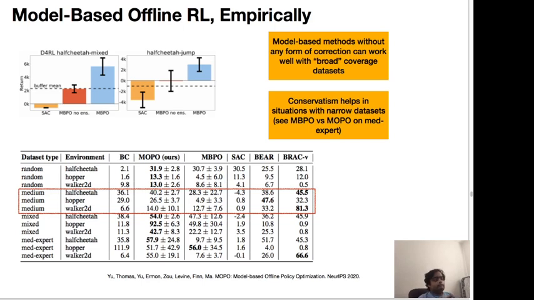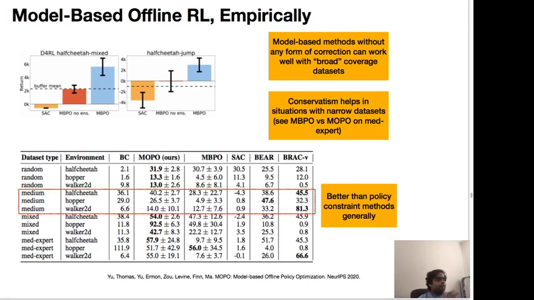We find that on the medium datasets, which are datasets generated from a single mediocre policy, MOPO is quite good compared to MBPO. It's much better, actually. Whereas in other cases, the difference is not too large, or even MBPO performs quite well.